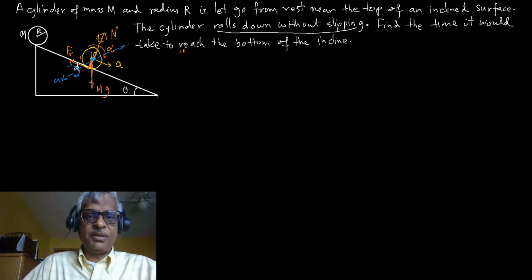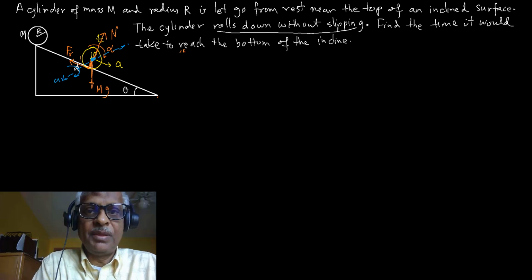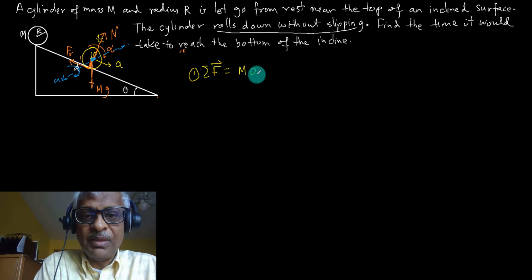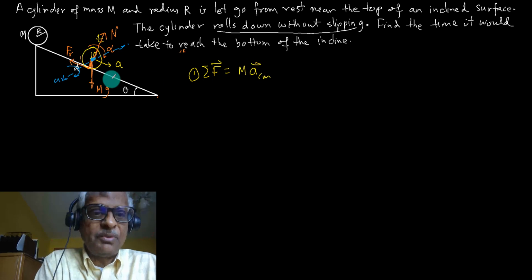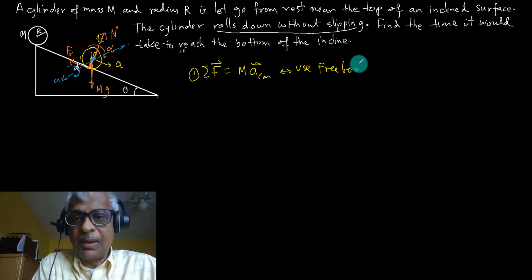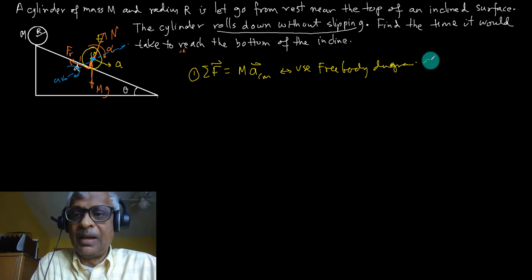To do the problem for the CM motion, F equals M A cm, we just look at a free body diagram, as before.